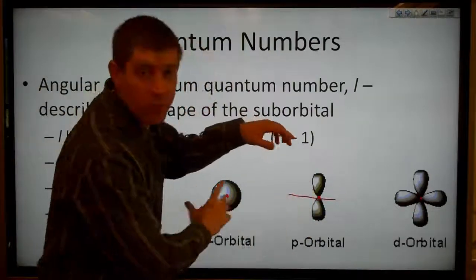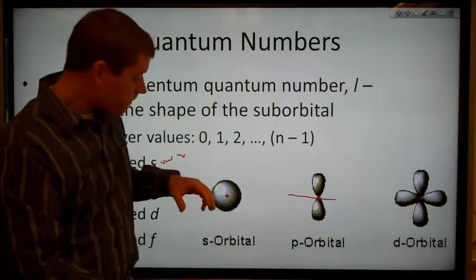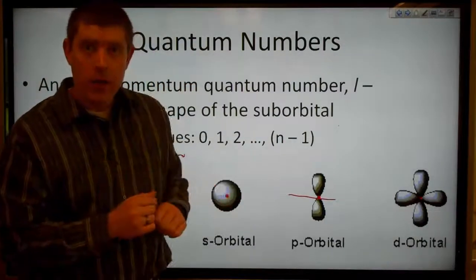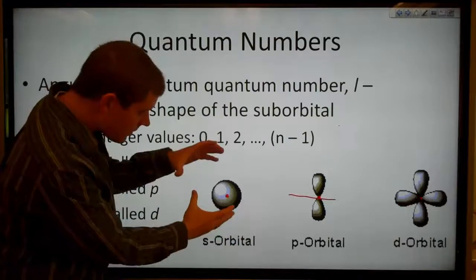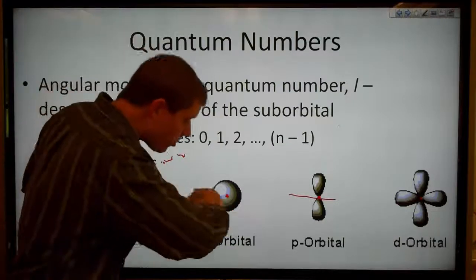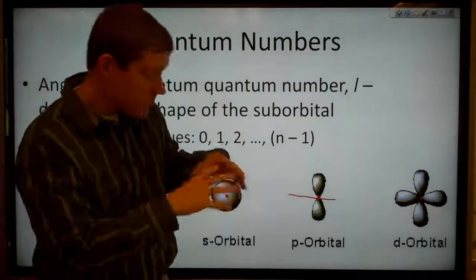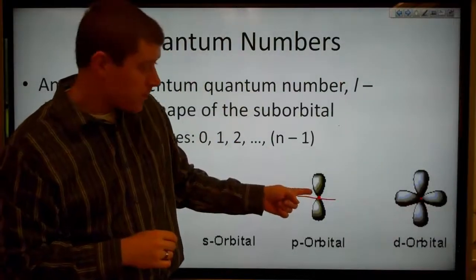So note that all three of these are three-dimensional. But the p orbital has one plane. Imagine we've taken this orbital and put one plane through it that the electron is not allowed to be in, and the result will look something like this.